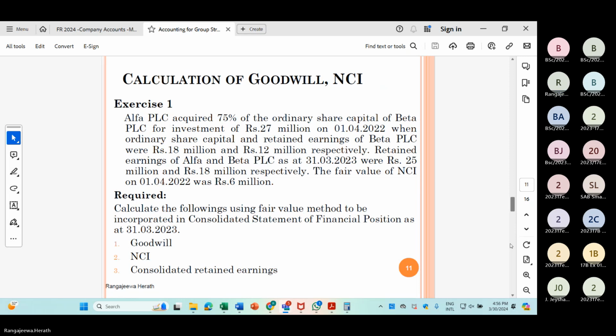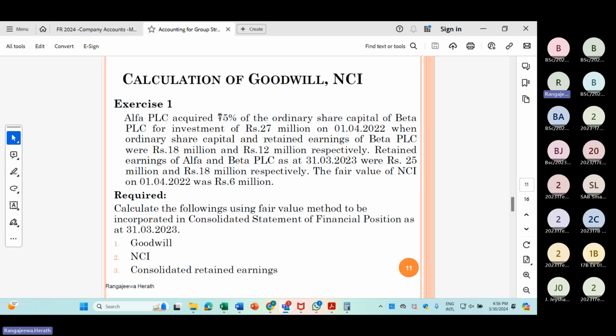So for goodwill calculation, you need the investment, fair value of non-controlling interest, right? If I just take this first activity for an example, just to remind you the goodwill calculation.